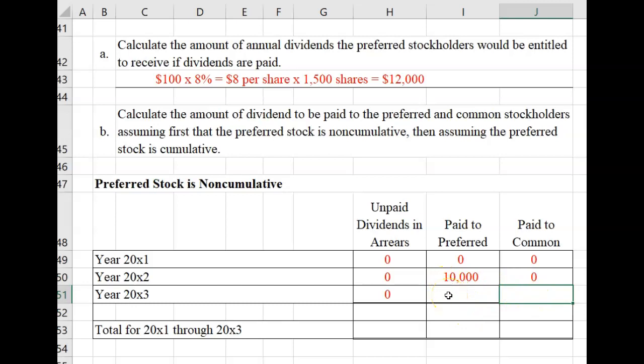So for 20X3, on the non-cumulative example, $12,000 goes to preferred, and the rest, $40,000 minus $12,000 that goes to preferred, equals $28,000 of dividends that can go to the common shareholders.